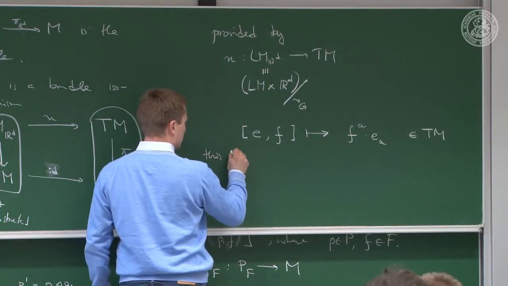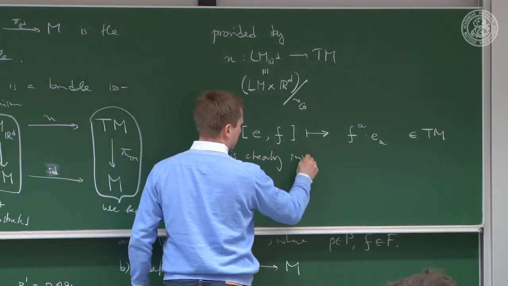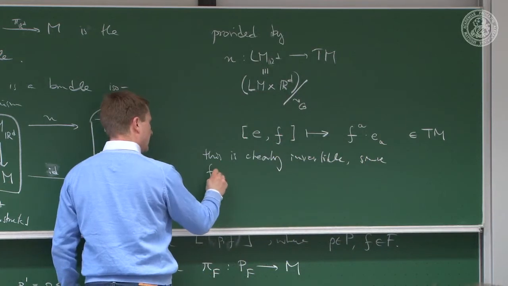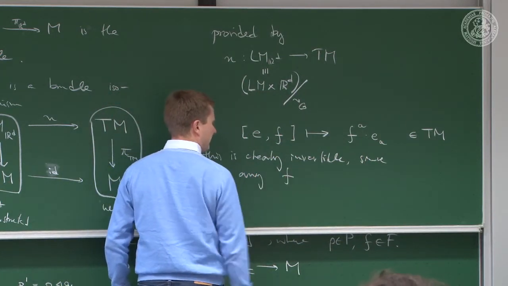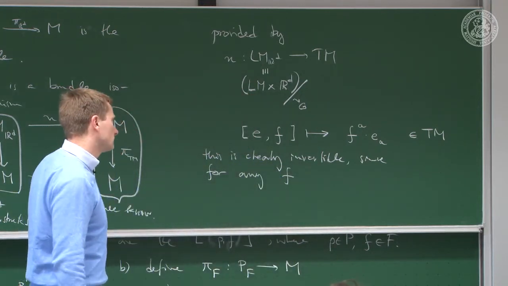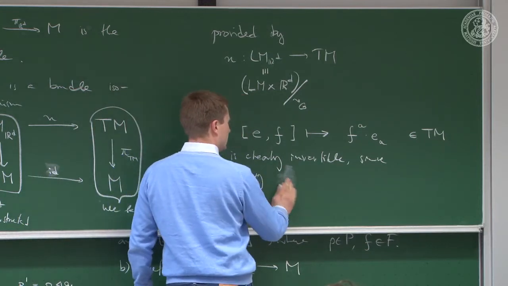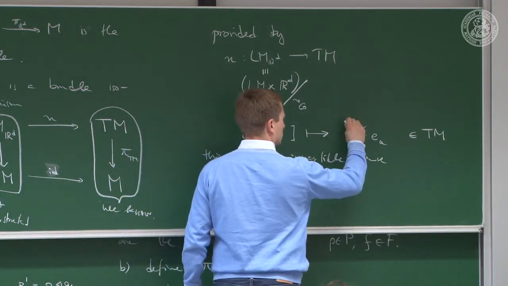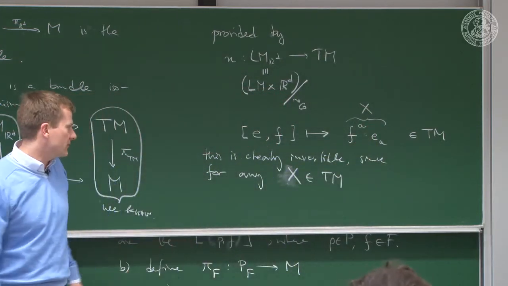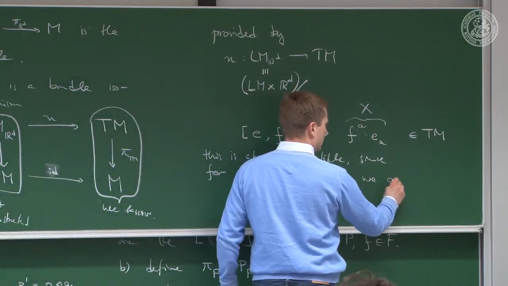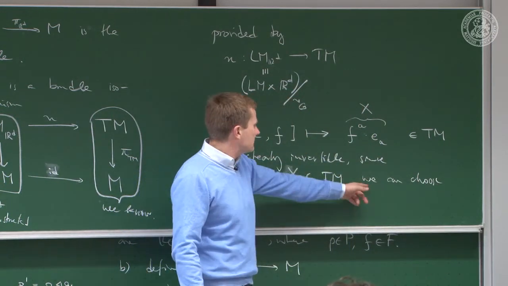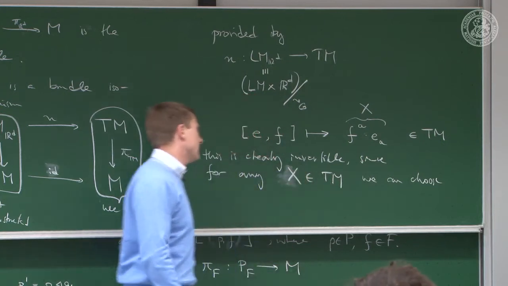This is clearly invertible, since for any x in TM, that's not necessarily of this form at first, there first of all is a certain base point, so this is x at p.